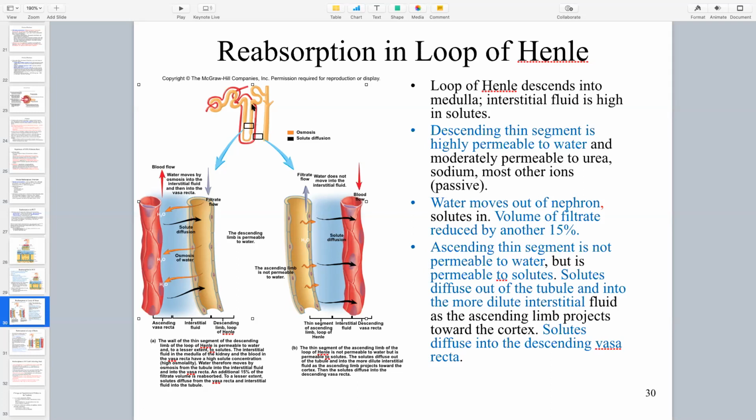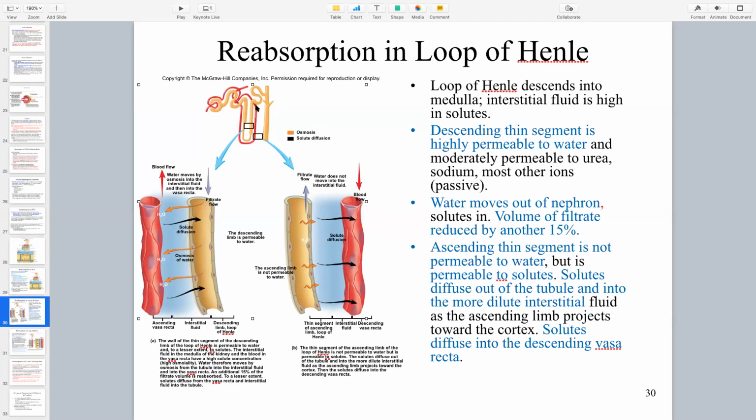So as we move solutes up here, we move them from the filtrate, reabsorb them. Some of it stays in the interstitial fluid, some of it goes into your bloodstream. So these two vessels should have very similar osmolarities, because a lot of whatever you're filtering out goes into the bloodstream.